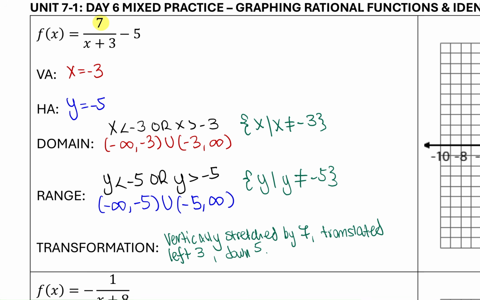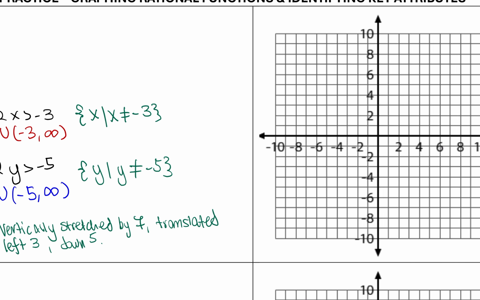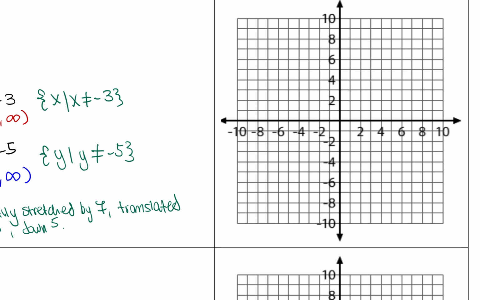From there, we are then going to graph this rational function. We see that we have a vertical asymptote at x equals negative 3. So we are sketching a vertical dashed line across x equals negative 3 right here.